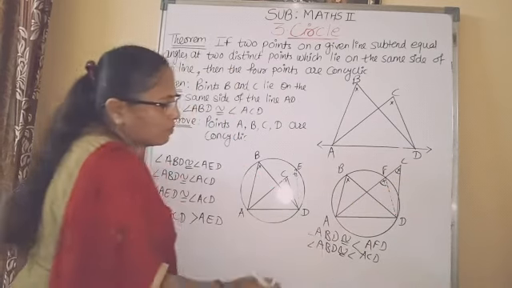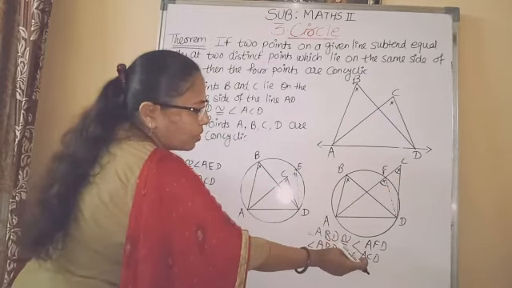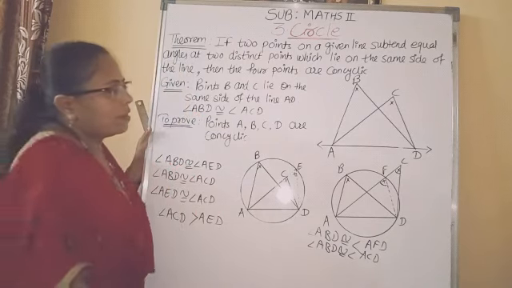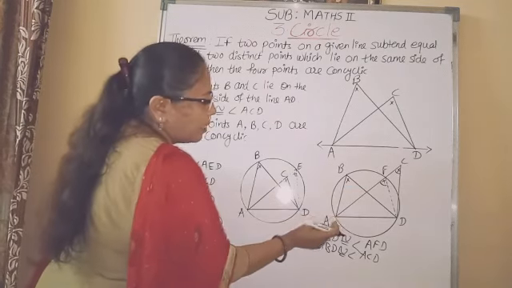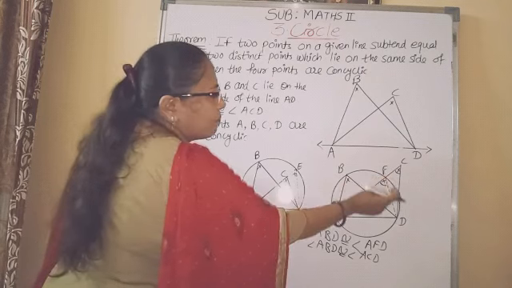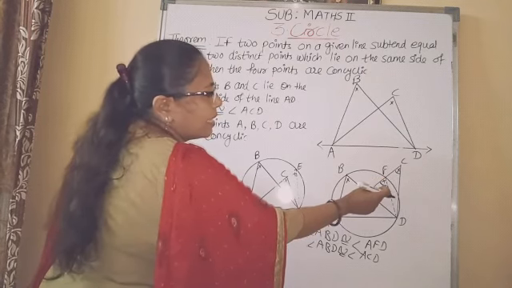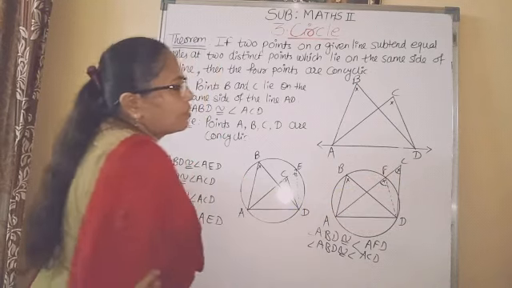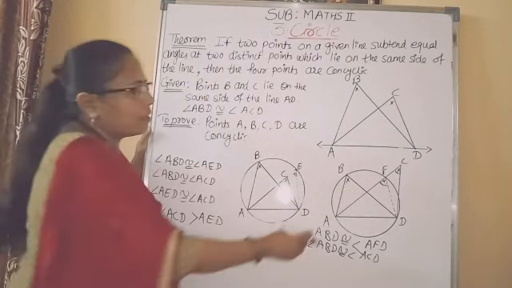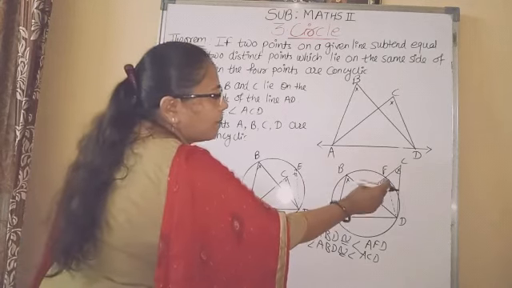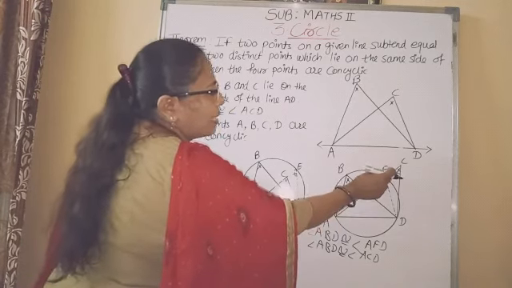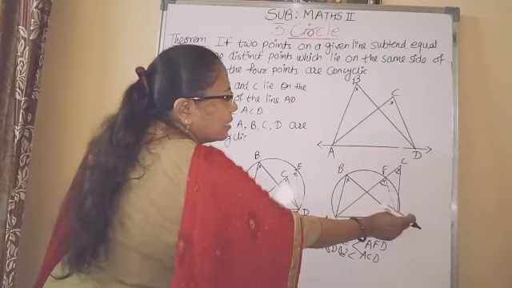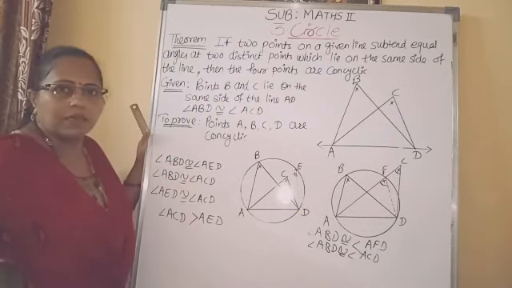From these 2 statements we got angle AFD congruent to angle ACD. But angle AFD is the exterior angle of triangle CFD. So by the exterior angle theorem, angle AFD must be greater than angle ACD.